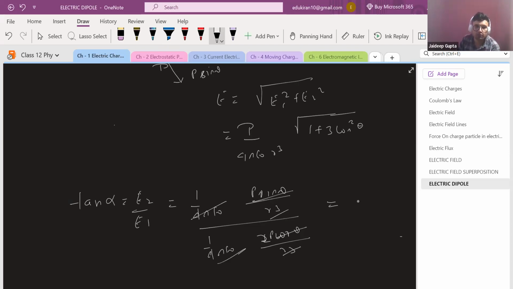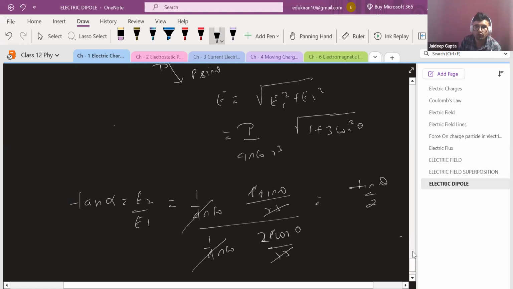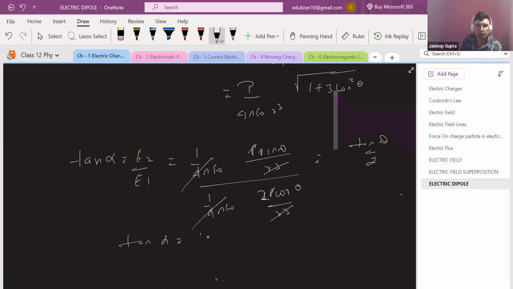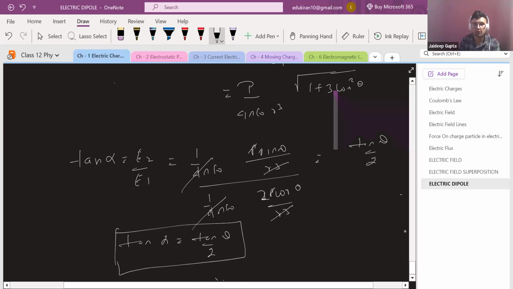P and R cube will cancel out, 1 over 4 epsilon will cancel out. Remaining will be tan theta over 2. So tan alpha equals tan theta over 2. This is the required relation.